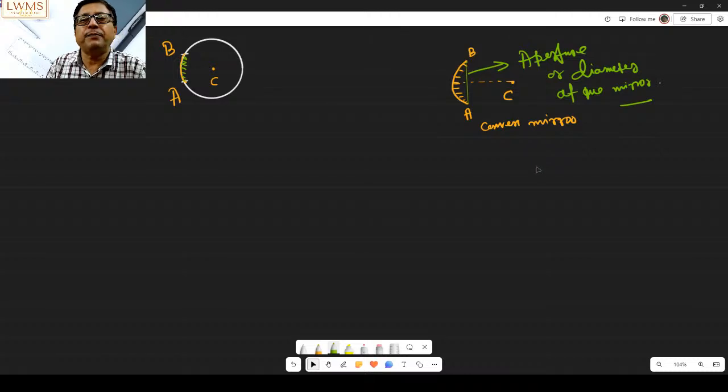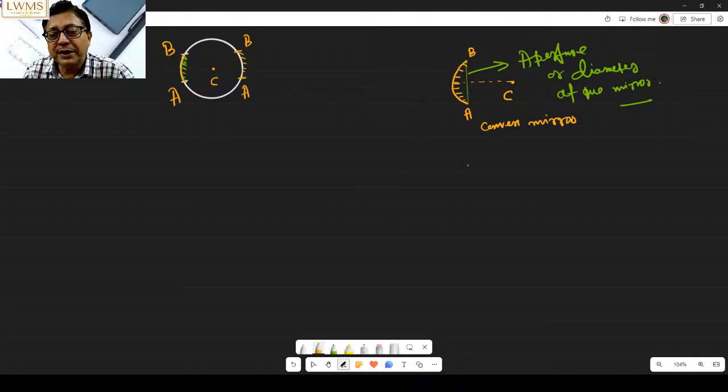How do we get a concave mirror from there? Imagine we take that part from here. This time we are taking the part and silvering this portion. Then you detach it from the remaining part of the sphere and we'll get a concave mirror like this. This portion is silvered, and the center of curvature lies here.